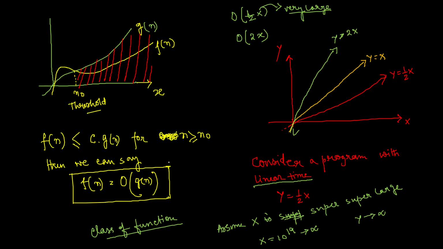So this is what we call asymptotic upper bound. We are restricting the upper bound of the performance of the program with respect to a class of function Gn. Am I clear right now?